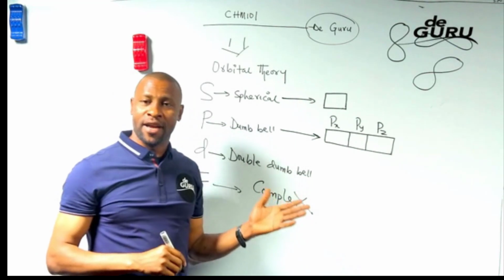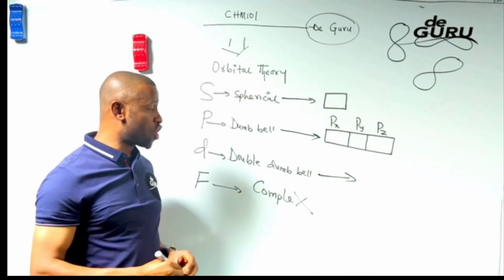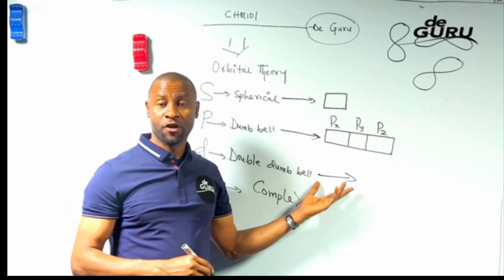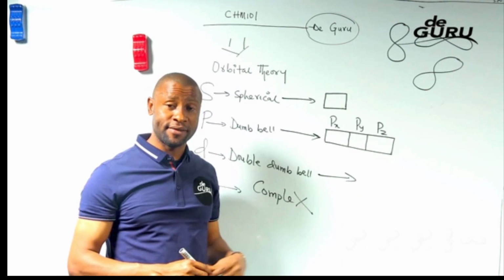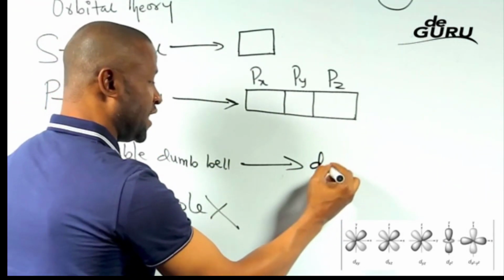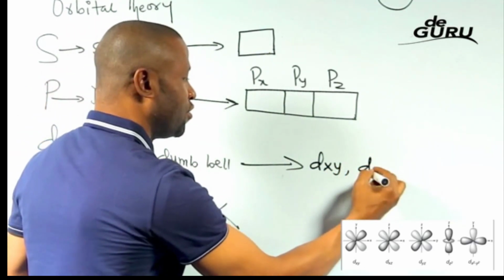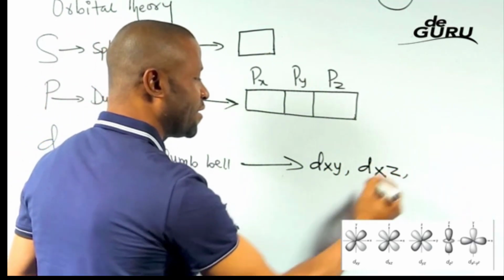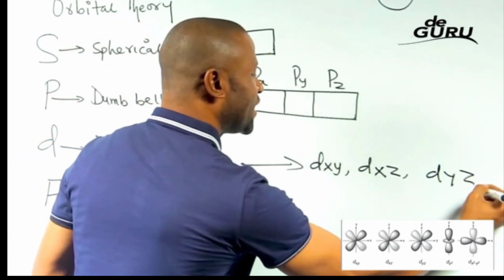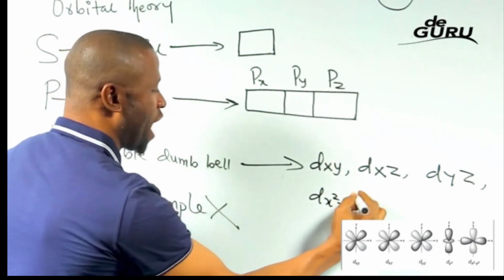Let me also remind you that the d orbital, double dumbbell, has 5 different orientations in space. You talk about the dxy. You talk about the dxz. You talk about the dyz. You talk about the dx square minus y square.